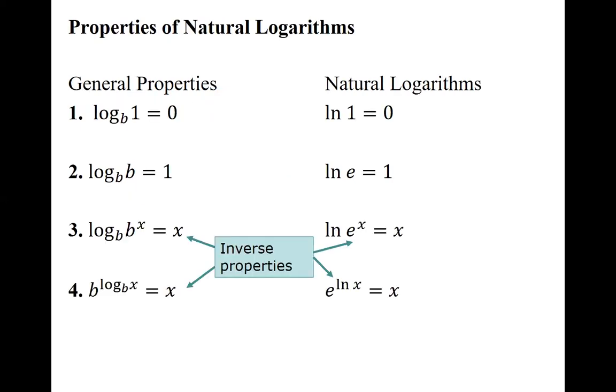If we look at those properties again, we're just replacing the base on the left with e. Whenever we have a log base e, we change that to natural log. So the natural log of 1 would be 0. The natural log of e would be 1. The natural log of e to the x is x, and e to the natural log of x is x.